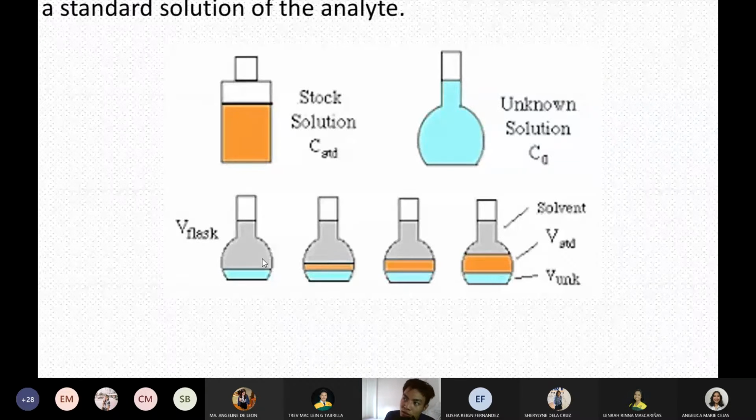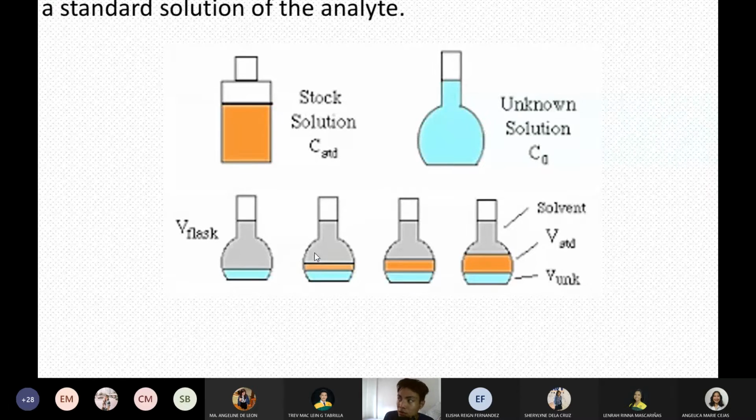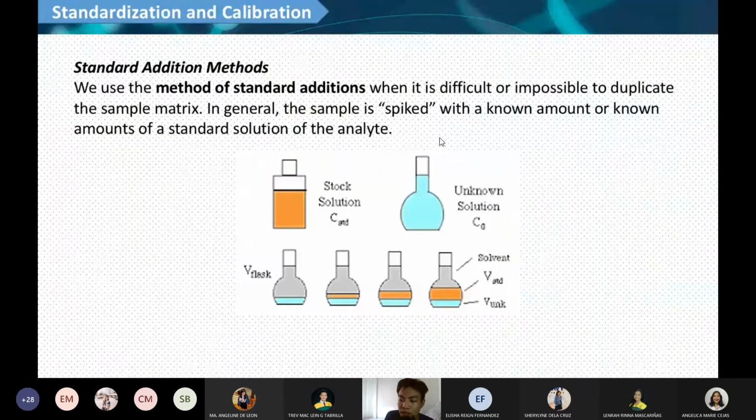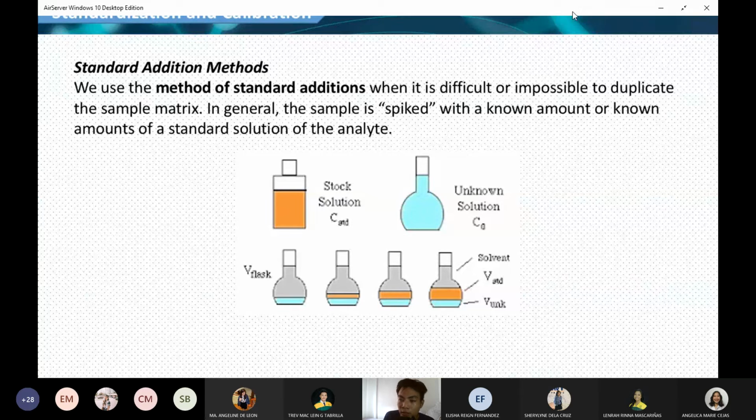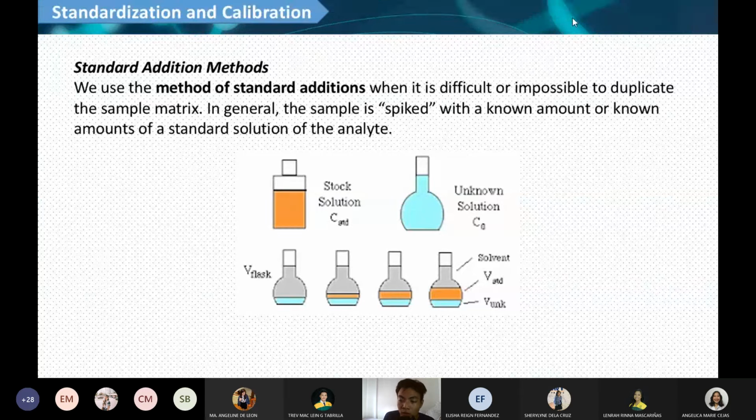Depending on how big the changes are, you can solve for the original concentration of your unknown solution. The equations we use there are the dilution formula, M1V1 equals M2V2, and also ratio and proportion. We established those equations, which are similar to the dilution equation.